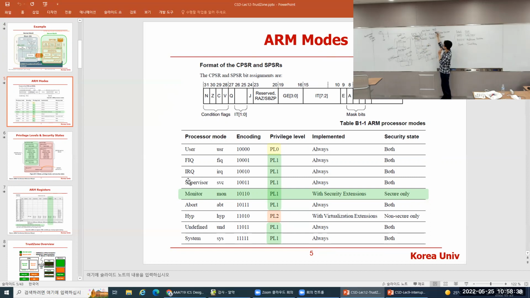Then what if you change that NS bit to 1 using the MCR instruction, just one instruction? You don't want to go through monitor mode. We have monitor mode, and actually you should go through monitor mode for world switching. But in this case, I don't want to go through monitor mode. Simply change the NS bit. What do you think?